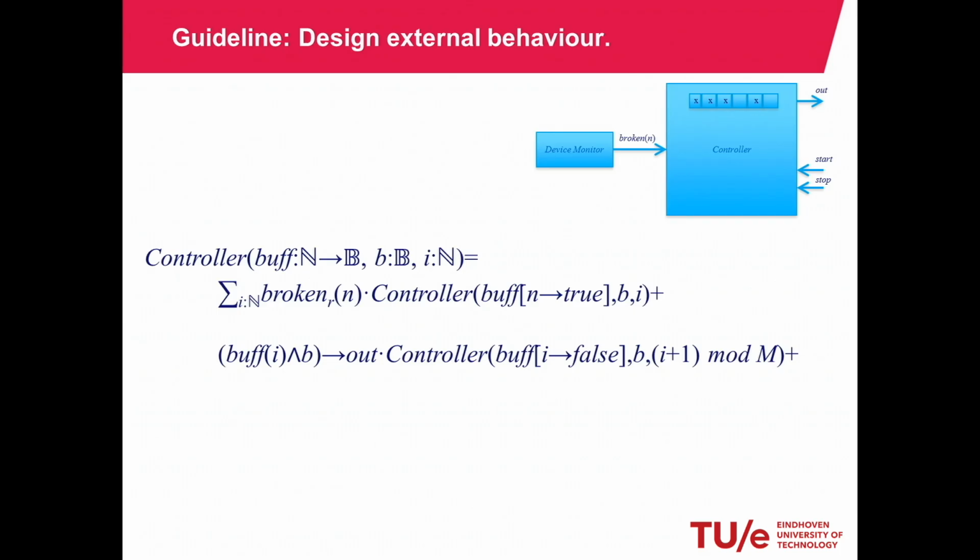It can be that the controller wants to report. So this can be done if b is true, because then it is allowed to report, and the buffer at position I should be true, because that indicates that device I is broken, and then it will do this out action. It will set the buffer at that position to false to indicate that it has been reported, and it will increase its index.